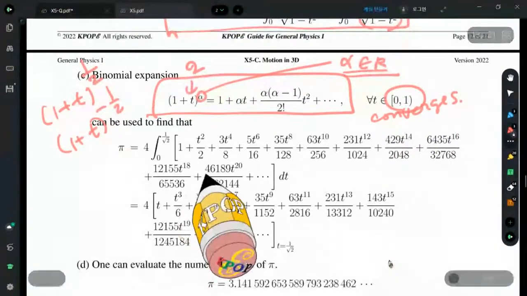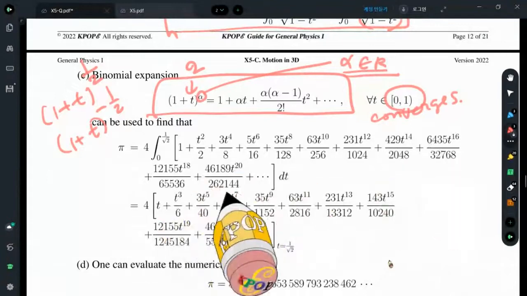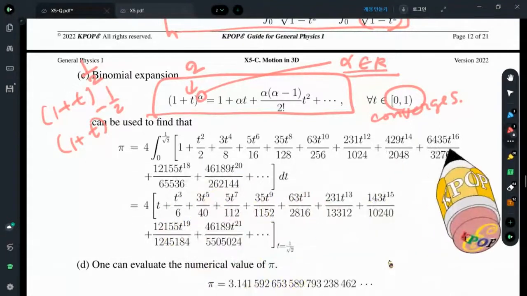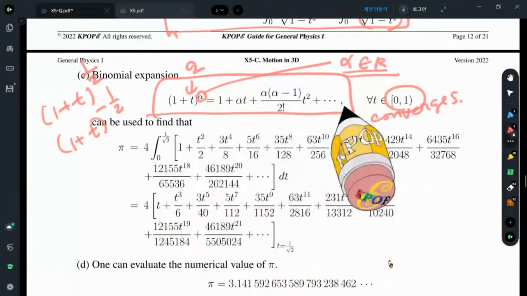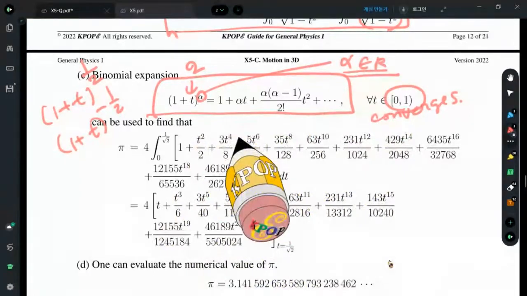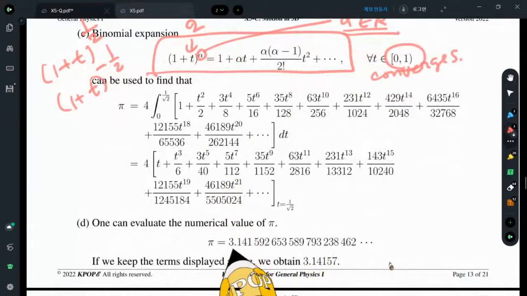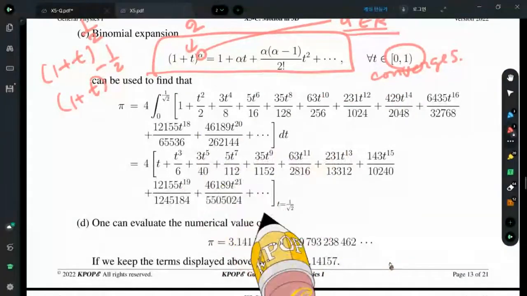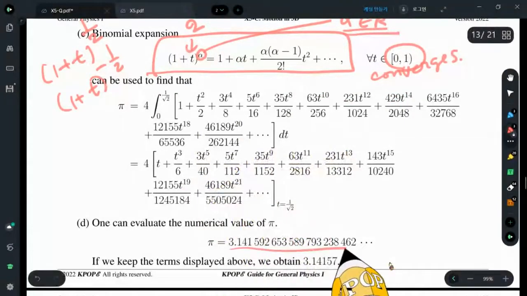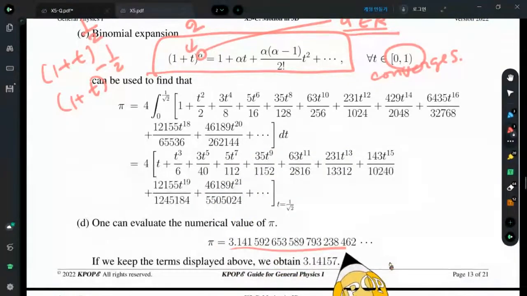Anyway, I don't ask you to follow all these calculations. This is a demonstration of how this expansion works. And I have explicitly computed with this formula exactly. This is quite accurate.